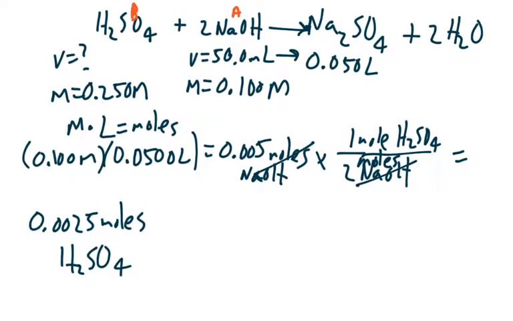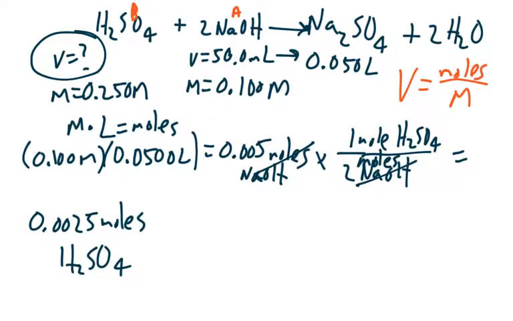Now, we're not done. If you recall, what they want us to do is find the volume. So over here, I'm going to put this on the side: volume is equal to moles divided by molarity. We just found the moles. It's 0.0025 moles, and the molarity is already given.